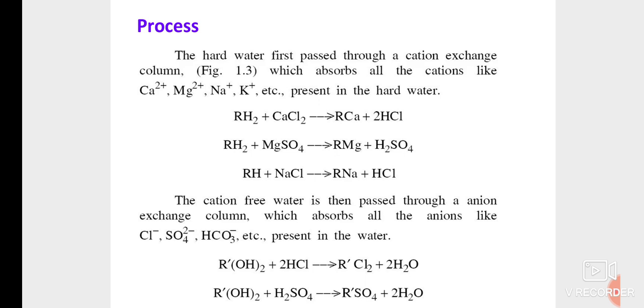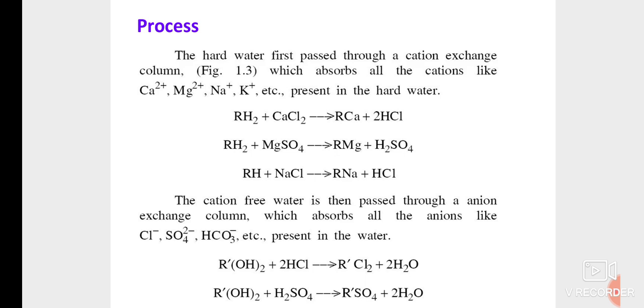So this is the second reaction. Suppose the water contains common salt like sodium chloride; here sodium is the cation and chloride is the anion. The sodium is absorbed by the resin to form RNa, and then HCl is formed. So these are some sample reactions of the cation exchanger column.